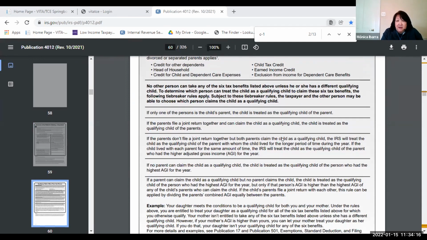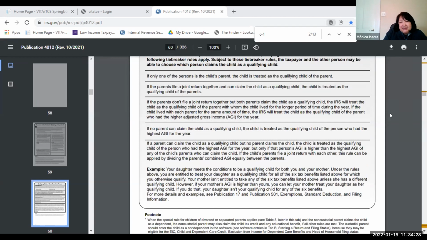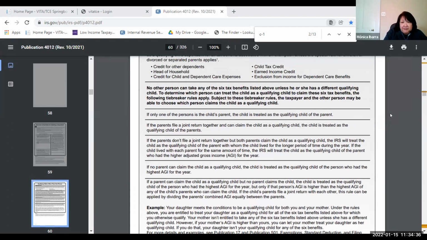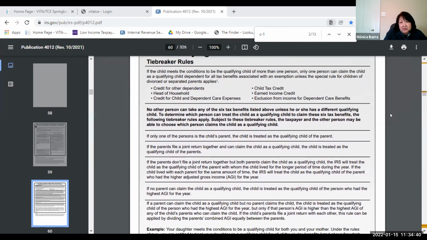But I just can't on the fly come up with a complicated scenario where the person qualifies for both. These are the tiebreaker rules that are really important to look at closely if you have that situation.